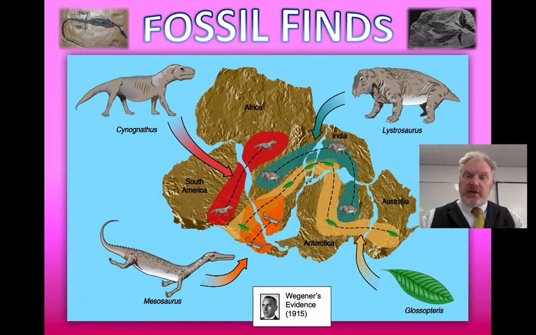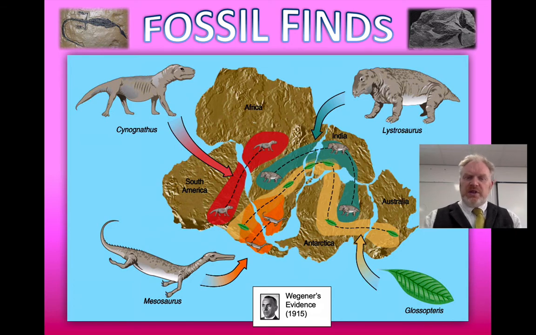Firstly, it's where the different fossils are found, and these are found in rocks of the same age in these different continents. Secondly, and perhaps really importantly, we need to think about how these organisms would have lived. Three of these, Cynognathus, Lystrosaurus, and Glossopteris, could only have lived on land.